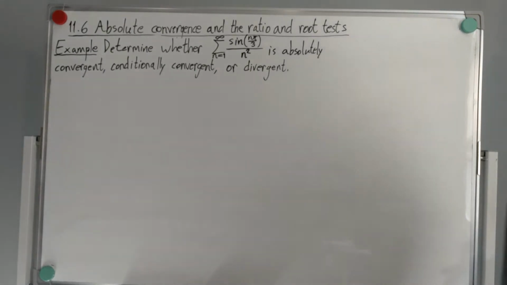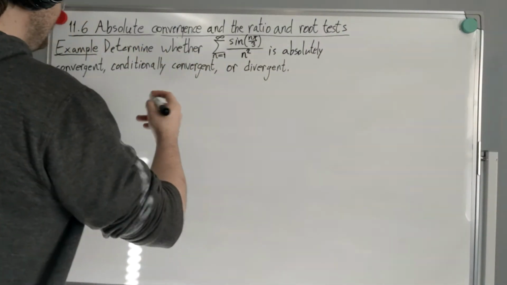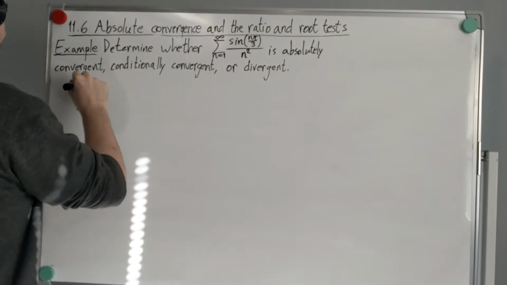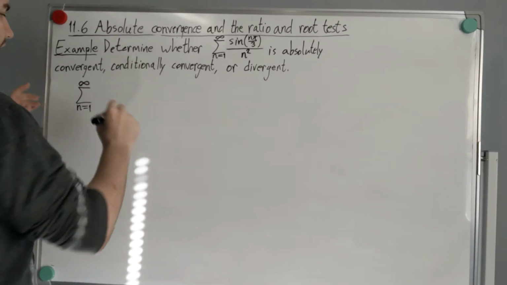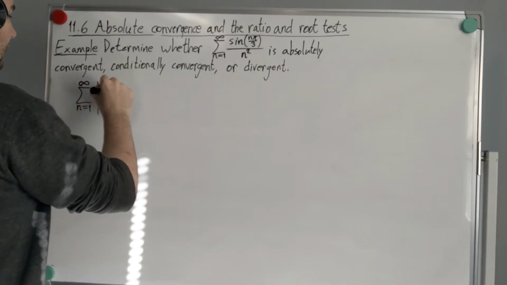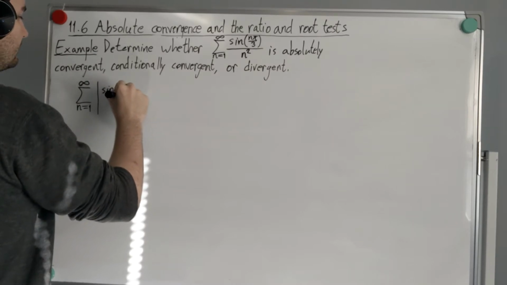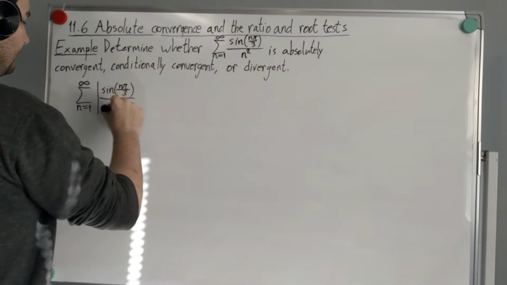So, the way that we should handle this is instead we should look at the series of absolute values, the sum from n equals 1 to infinity of the absolute value of the sine of n pi over 3 divided by n squared.